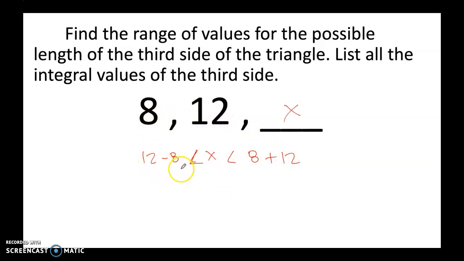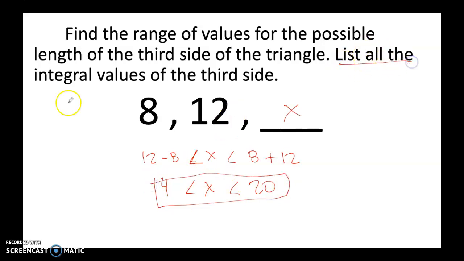So 12 minus 8, we have 4, less than x, less than 8 plus 12, which is equal to 20. That will be the range of the values of the third side.